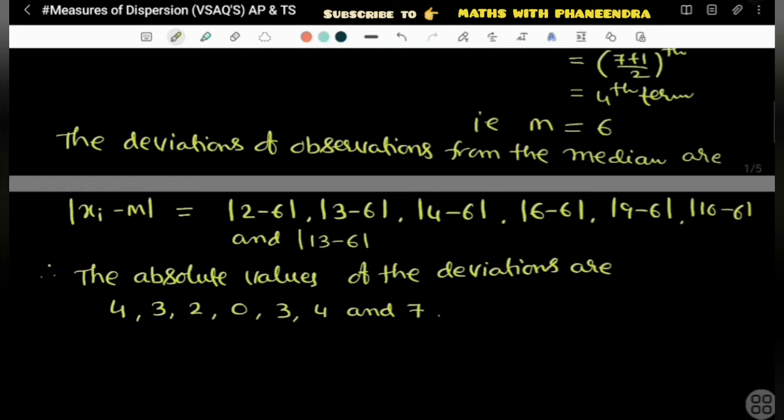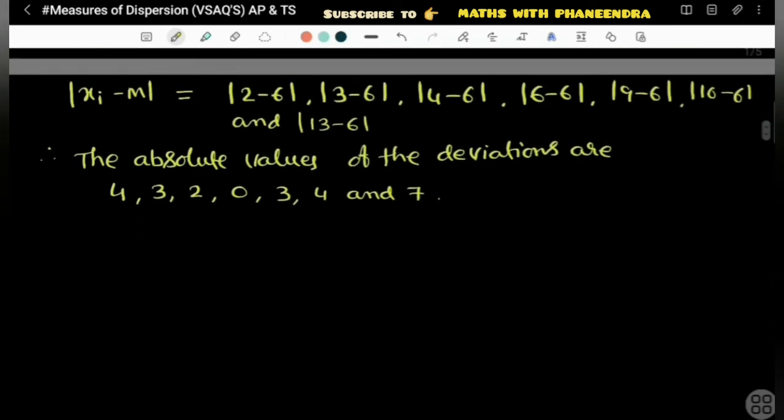For this you can calculate the mean. How many observations are there? 7 are there.